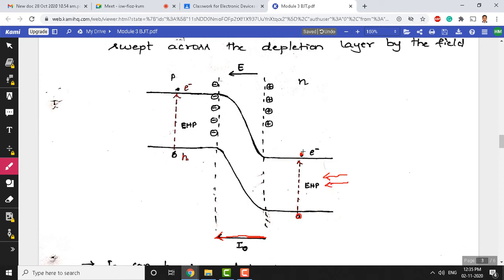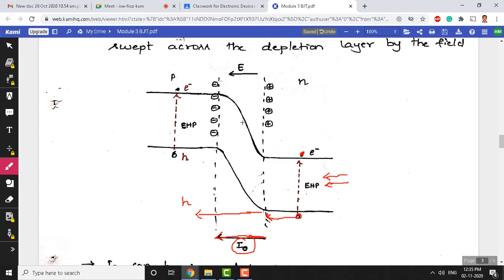You can see that there are electrons and holes here, and when this electron diffuses to the junction area, the field will act on this hole and push it into the P region. So, holes present here will be pushed into the P region, and this causes the current I naught to flow. So, the field and the electron hole pair generation are very important here.